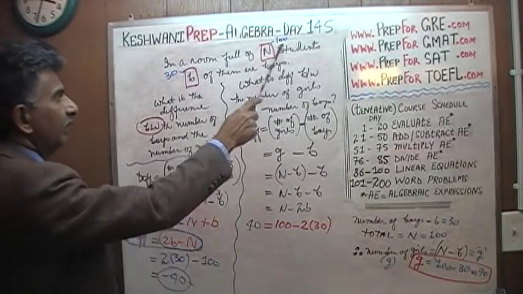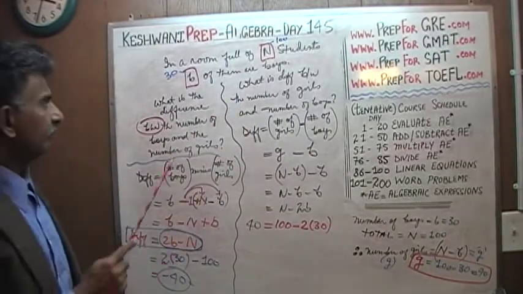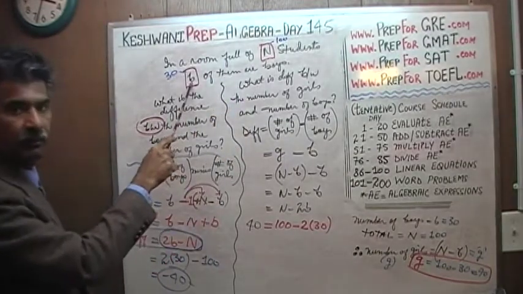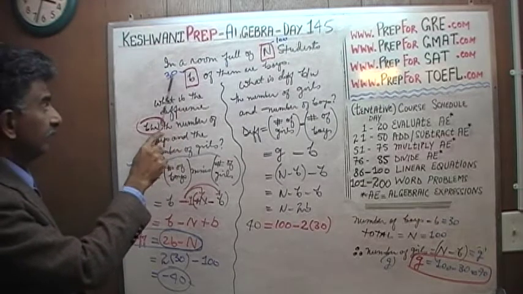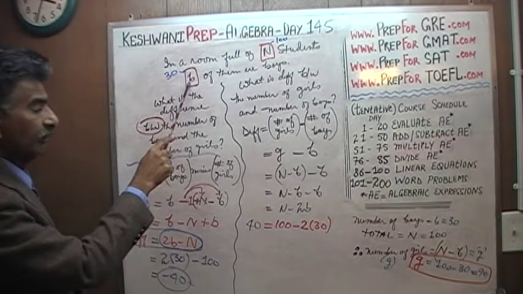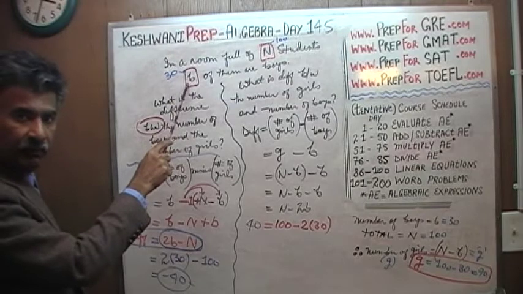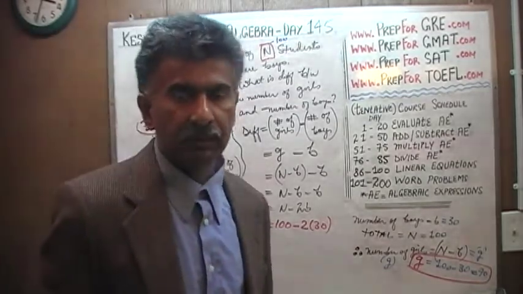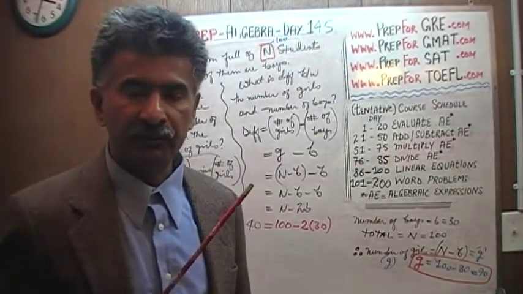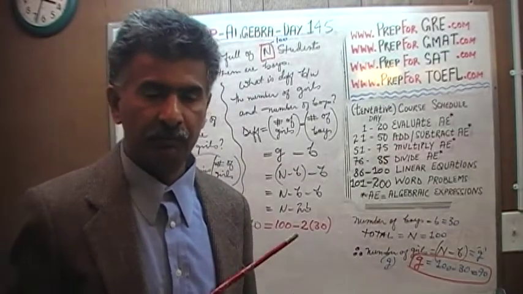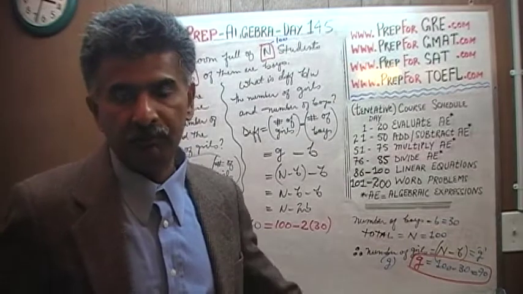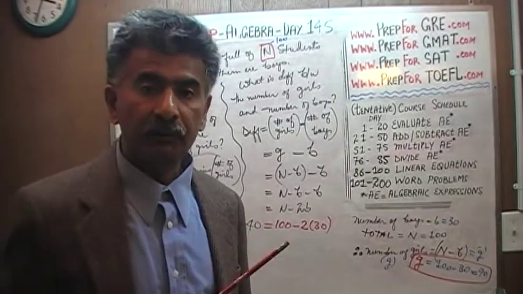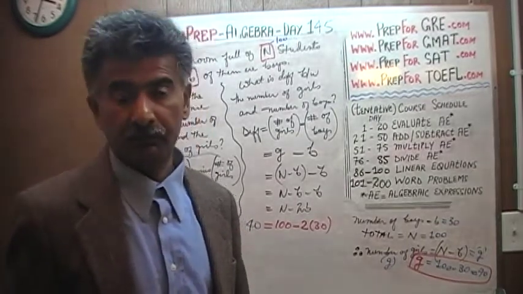Let's pretend that there are 100 students, and let's pretend that there are 50 boys. We're going to plug in a new number for B, 50. If there are 50 boys and 100 students, there must also be 50 girls. Now the difference between the number of boys and the number of girls is 0 because they're both 50. Similarly, the difference between the number of girls and the number of boys is also 0.